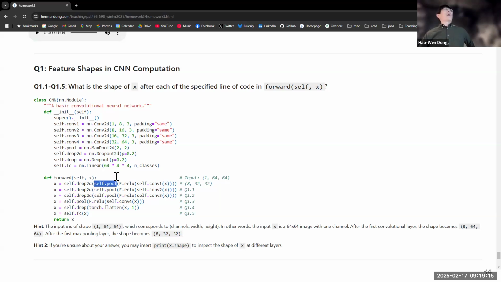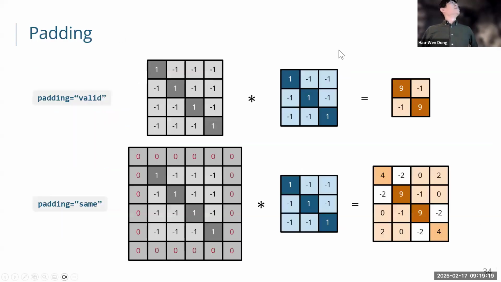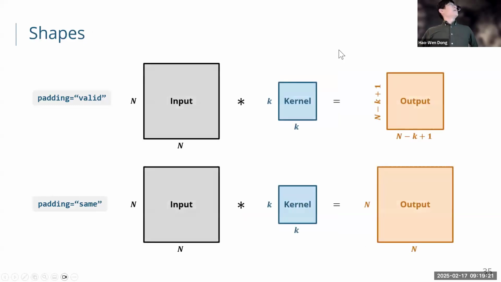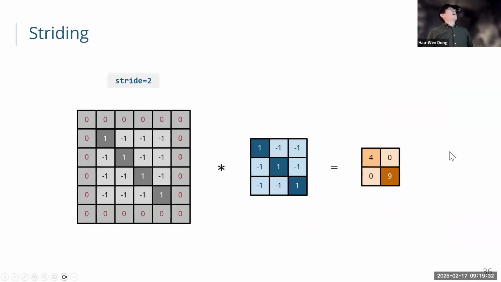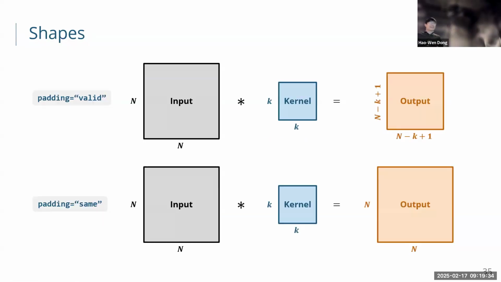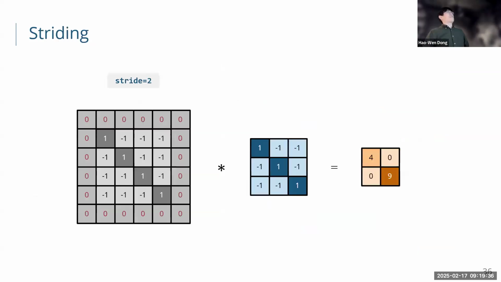There's a calculation for the size, but basically if you're using padding equals same, then everything will be the same. Things would be a bit more complex when you have striding, but in our case, we are not using striding in our convolutional layer.